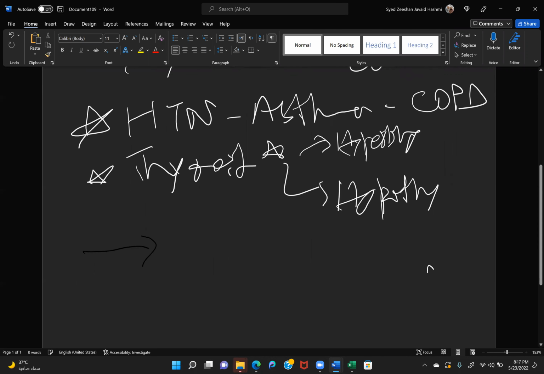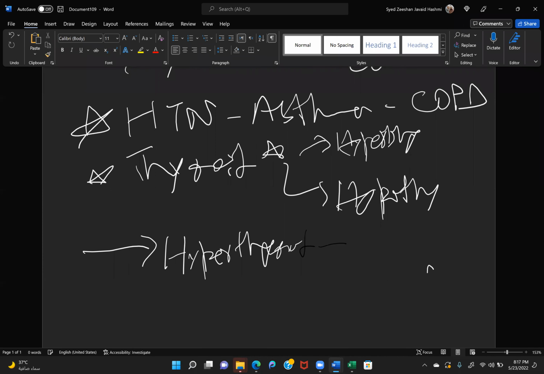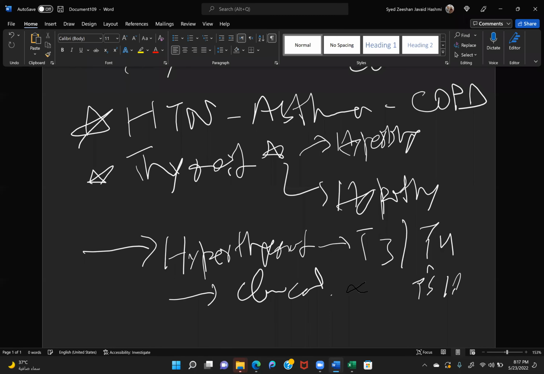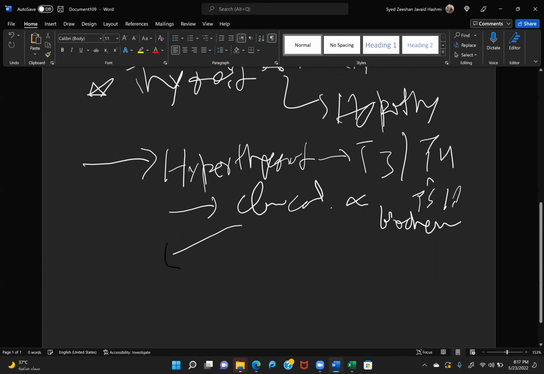When will you say that the patient is optimized for hyperthyroid? You will be looking at T3, T4, TSH. The patient should be clinically and biochemically euthyroid.